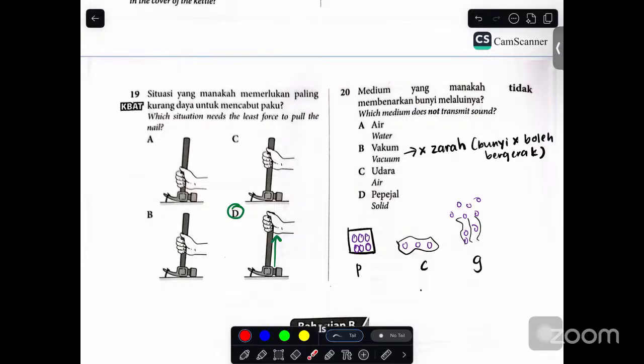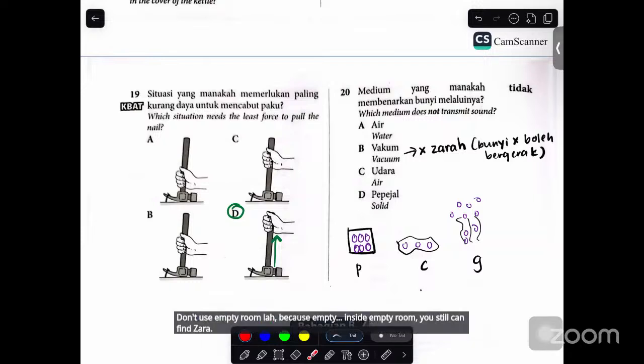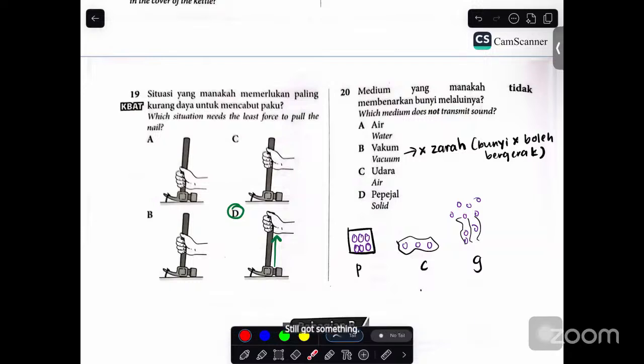Is it the same like an empty room? Don't use empty room lah. Because inside empty room, you still can find zarah. Still got something. Okay? So, that means kalau dia kosong, tak ada apa-apa, then your bunyi cannot travel.